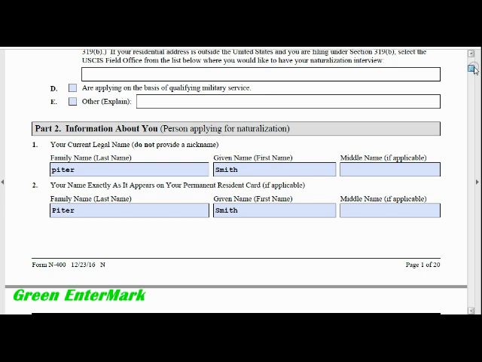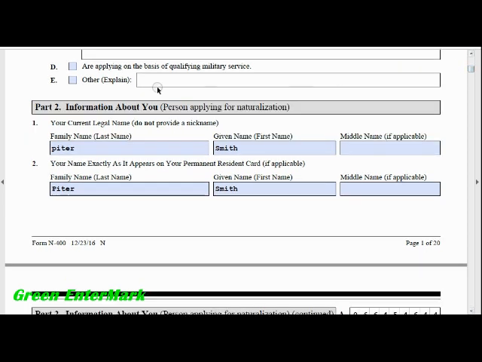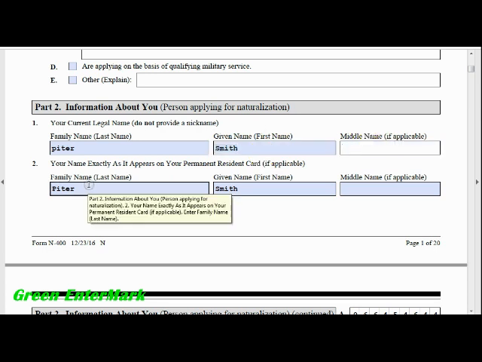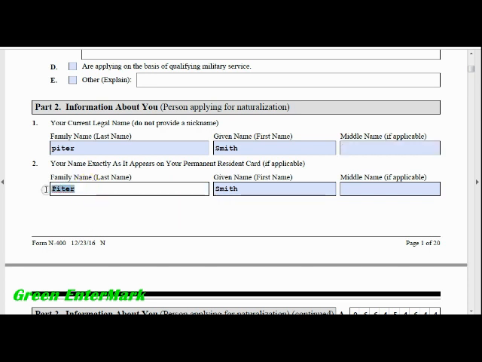Information about you, the second part, in which you have to give your last name, first name, and middle name if any. Also the last name and first name exactly as mentioned on your permanent resident card, and middle name if any.